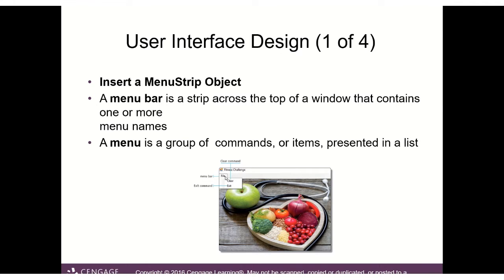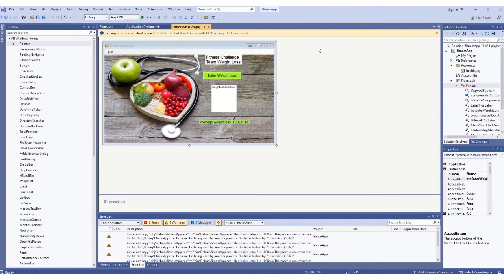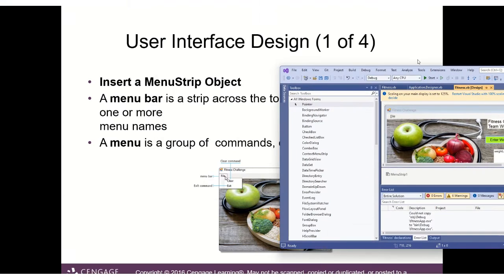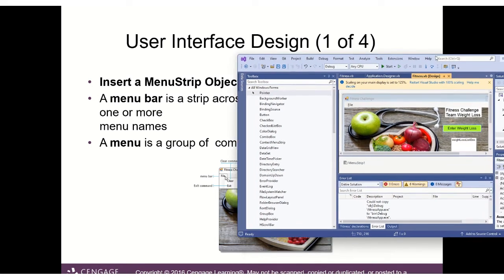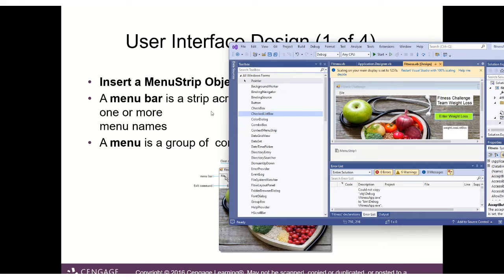So the first step will be the user interface design, the UI design process. You start with defining the menu strip object, which is here. This is my Visual Studio. You will see it during the lab demo section, but the menu strip is right here.